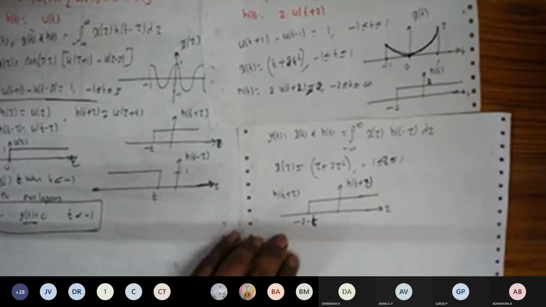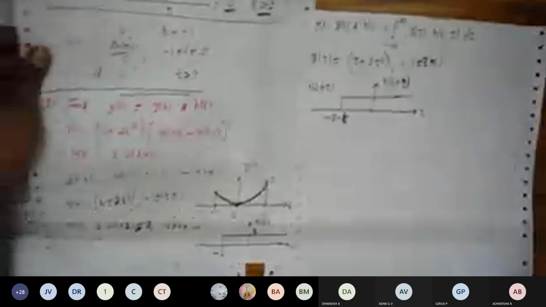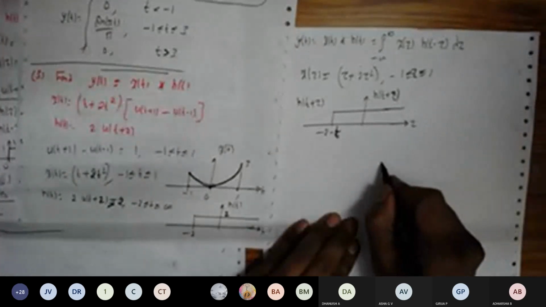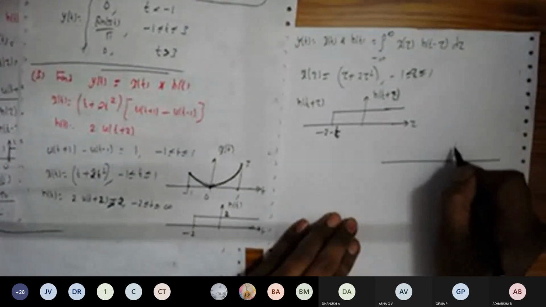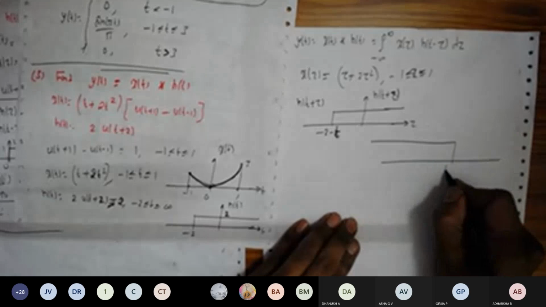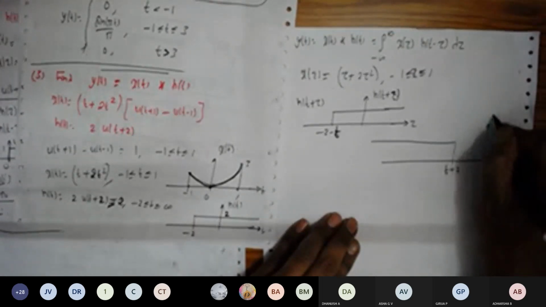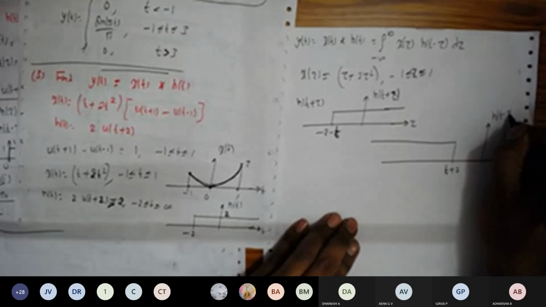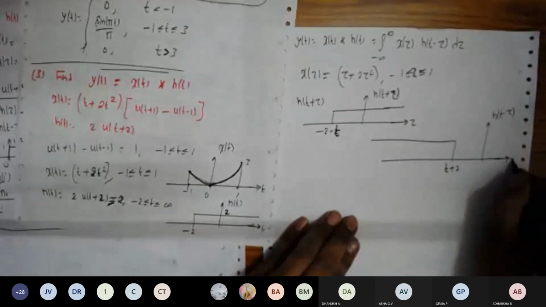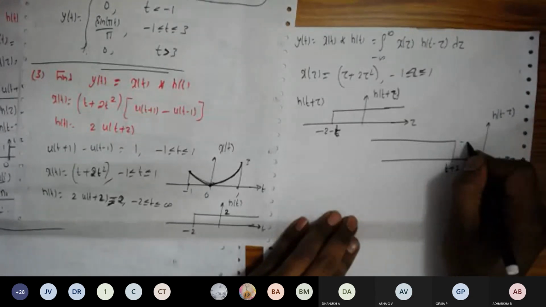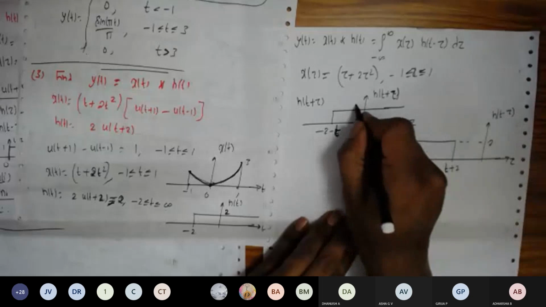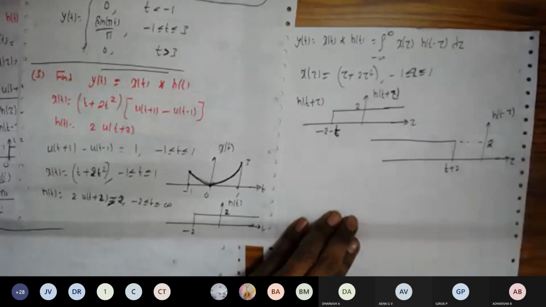Now we want h of t minus tau. Let us take the reflection, as we did in the first problem. Since we don't know the value of t, I'm going to write t plus 2 here, without defining the origin. This is h of t minus tau, and the corresponding amplitude is 2.